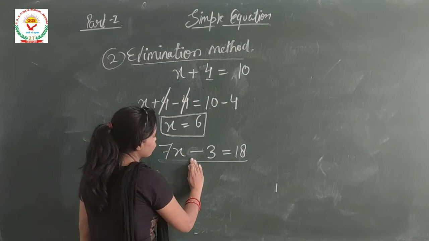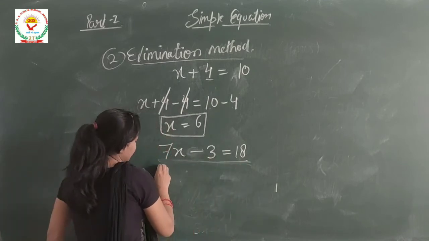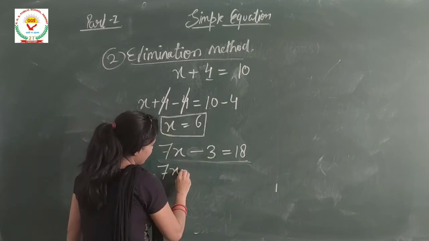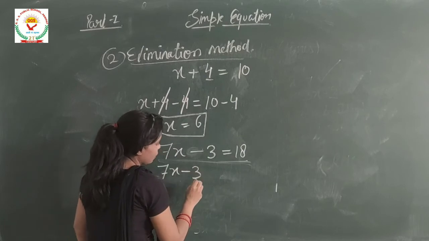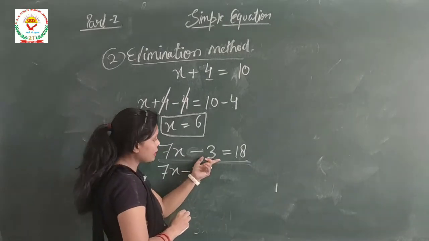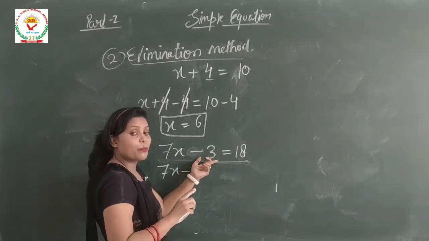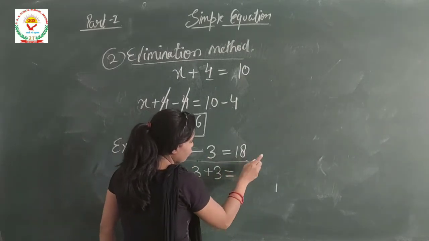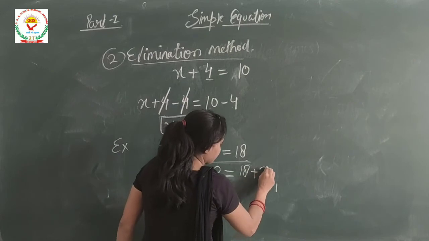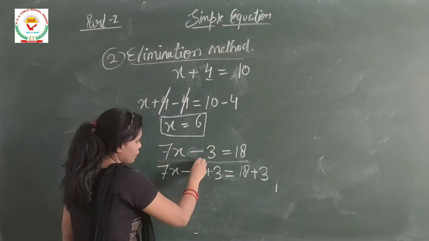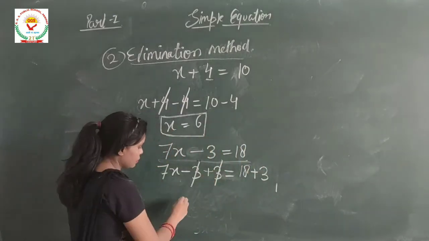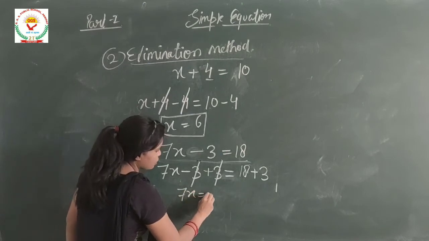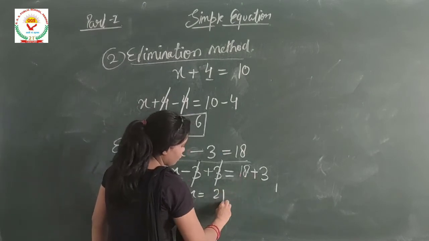First we have to eliminate 3 from here. For eliminating 3 we need to add 3 to both sides. 3 and 3 get cancelled. We will get 7x is equal to 21.